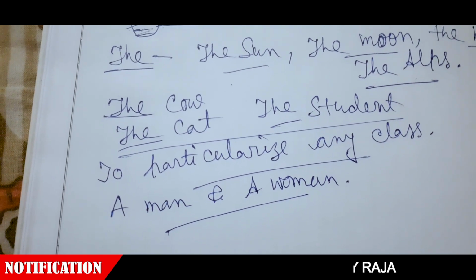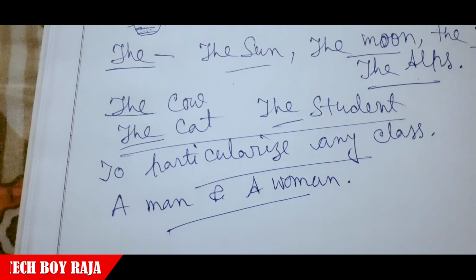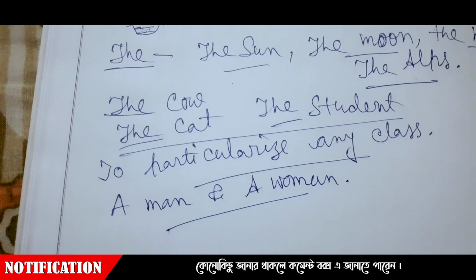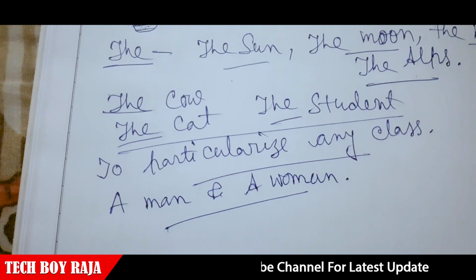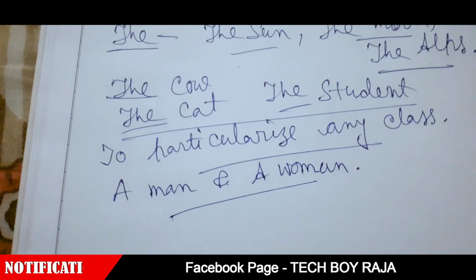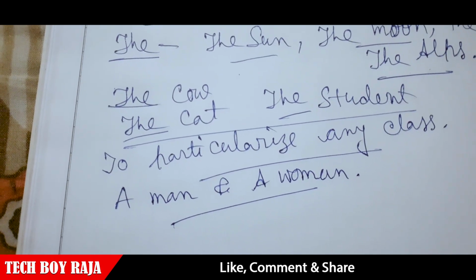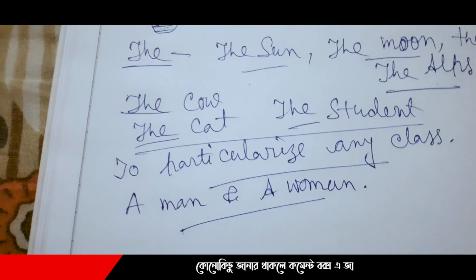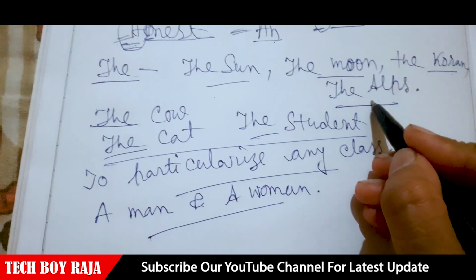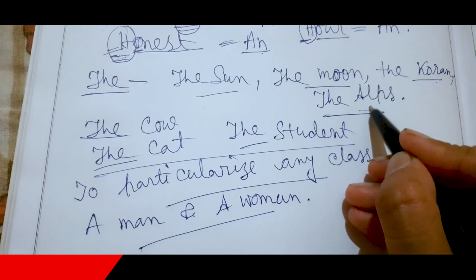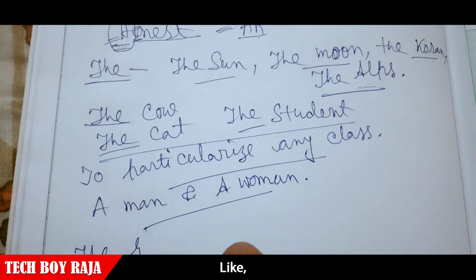But if it is the name of any sea, any river, or any archaeological places or historical places or any other things, that time definitely there will be the, like I already told here, the Alps, that is obviously a place, a mountain. Okay, then the Ganga, the river name.